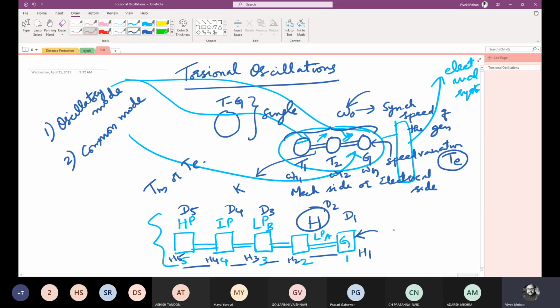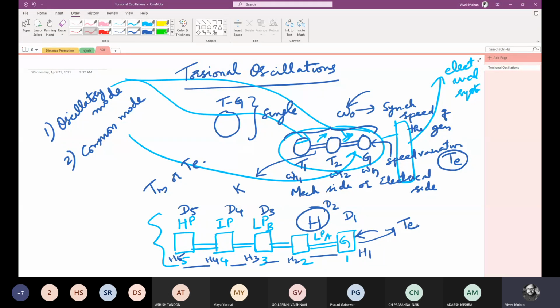How is that produced? Because there is an electrical torque that is developed by the generator G. This electrical torque depends on the total load that is contributed by this generator. If that load changes, there can be a momentary variation in the generator speed. So that may affect the whole system and that may cause some torsional oscillations. But if already there is a torsional oscillation and the electrical torque that is developed by the generator is such that it opposes the oscillations and damps them out, then that can be one reason for the damping.